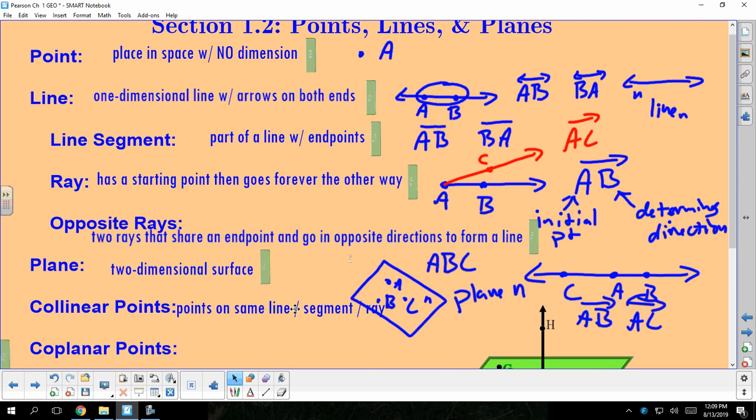And non-collinear, as we said, just doesn't do that. They're not on the same line, segment, or ray.